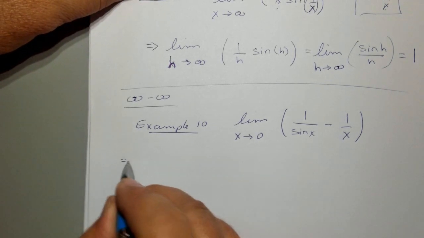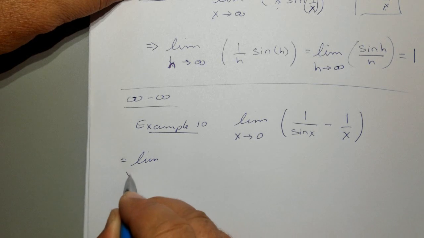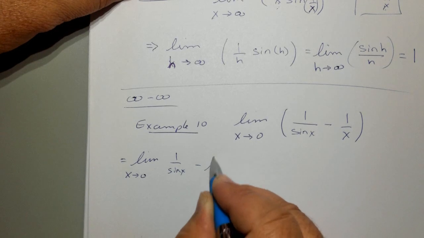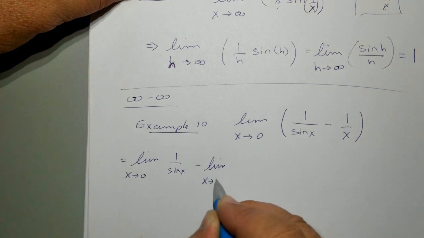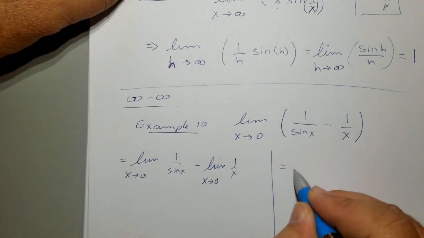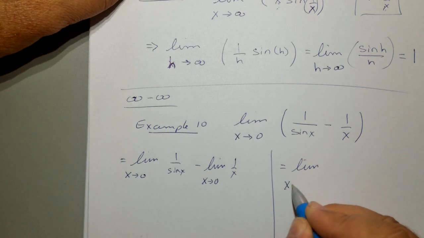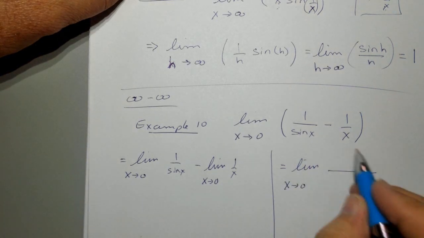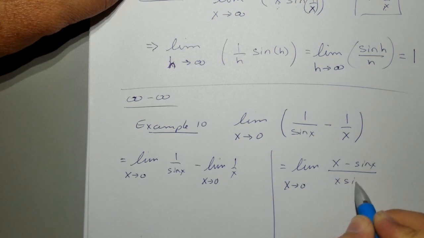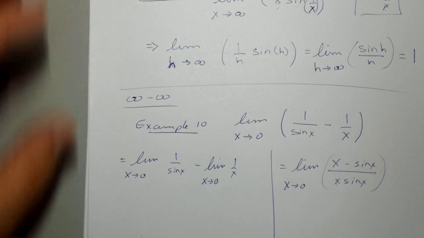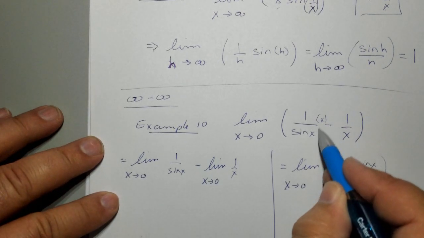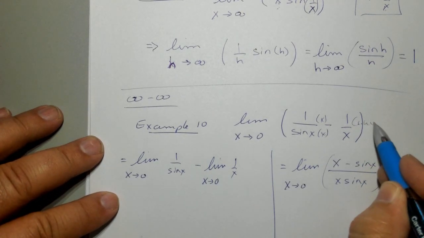In other words, you could do limit as x approaches 0 of 1 over sine x minus limit as x approaches 0 of 1 over x. Or, which I would suggest, limit as x approaches 0 of x minus sine x over x sine x. Get a common denominator, and this one needs an x, this one needs a sine x.